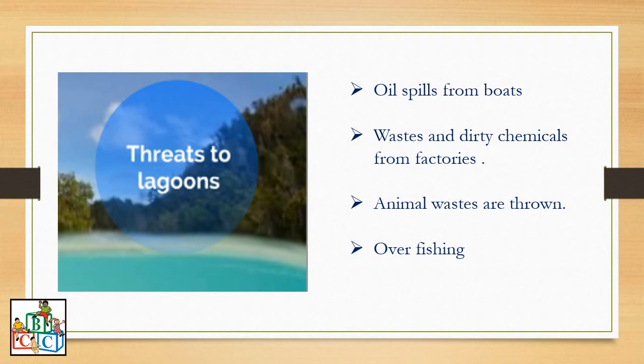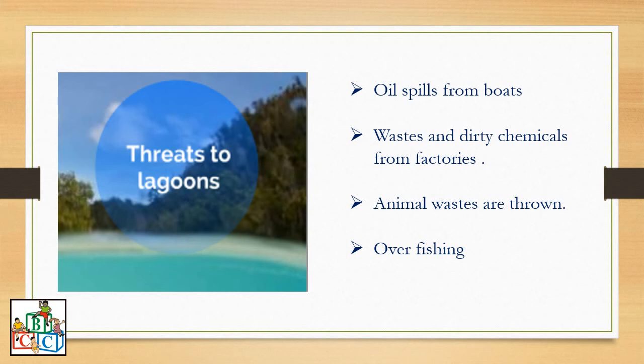For example, you may have oil spills from boats, and waste and dirty chemicals from factories all go into lagoons, so they are going to destroy the living things, marine animals and plants living in the lagoons.